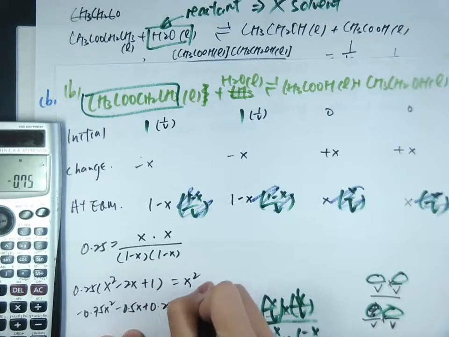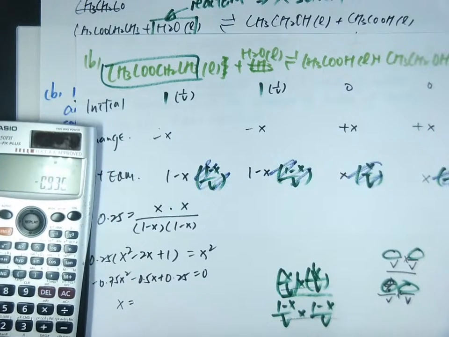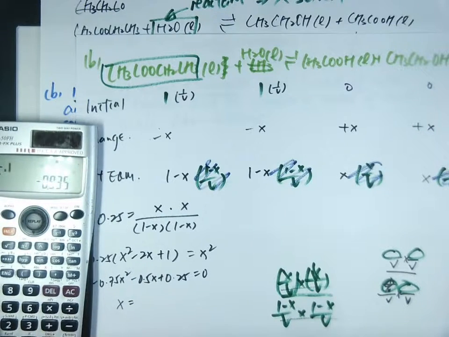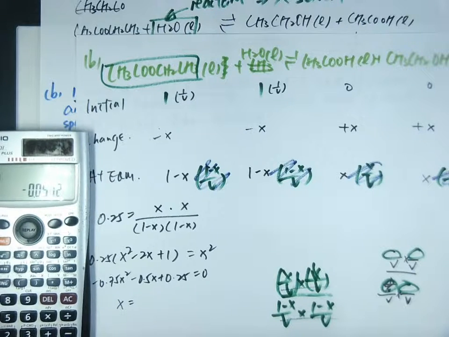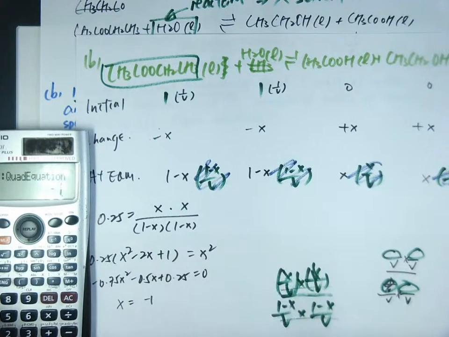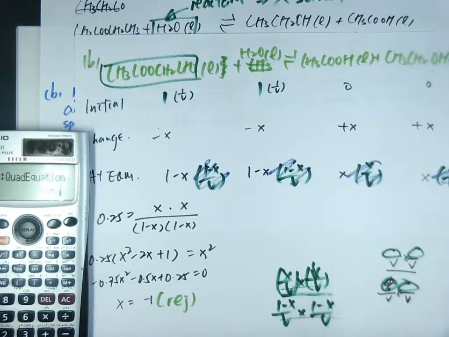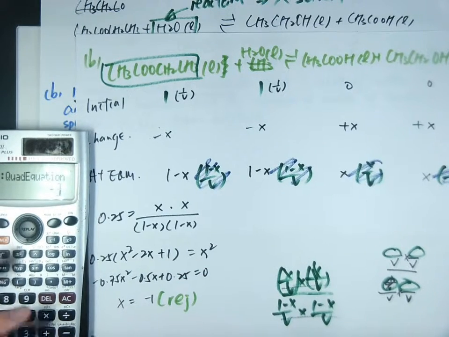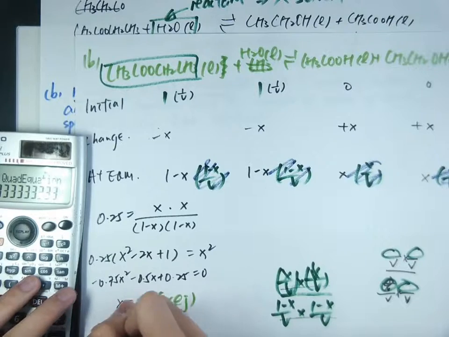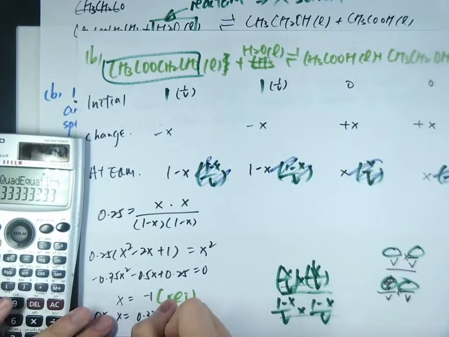So x equals -1. Can it be a negative value? No. So we reject this value. And the other value, x equals 0.3333.